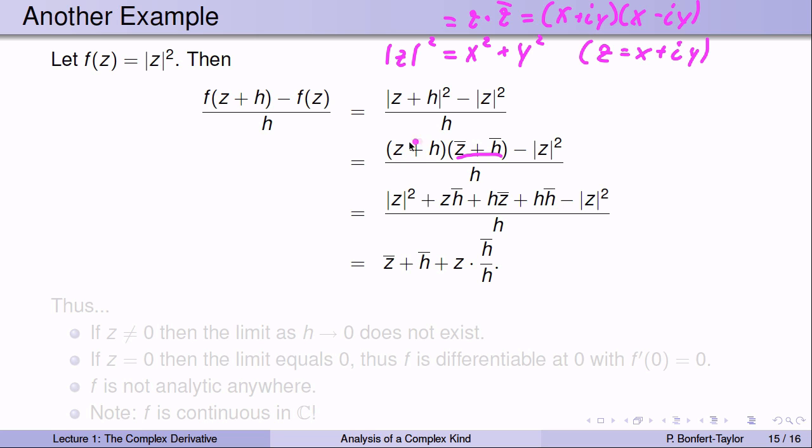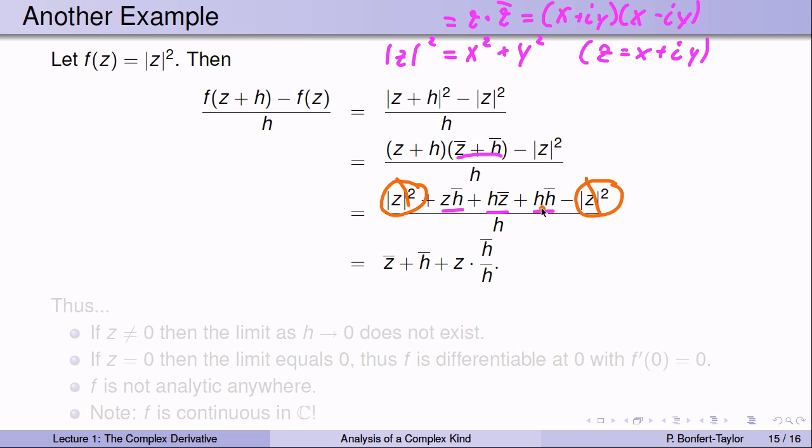When we multiply through in z plus h times z conjugate plus h conjugate, we get a z times z conjugate, which is just the absolute value of z squared, plus z times h conjugate, plus h times z conjugate, plus h times h conjugate, and there's still a minus the absolute value of z squared here. Again, you see the z squared term is added and then subtracted, so they cancel out. What we're left with are these three terms in the numerator divided by h.